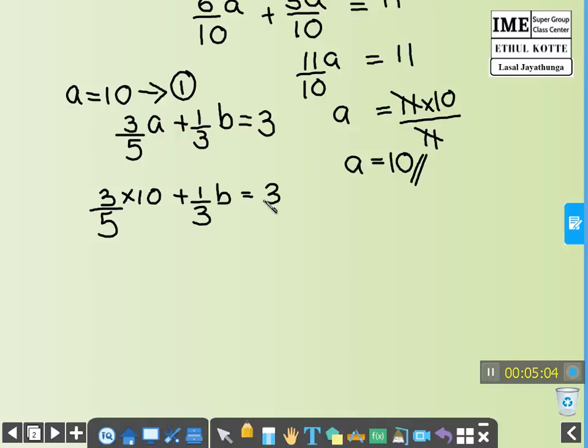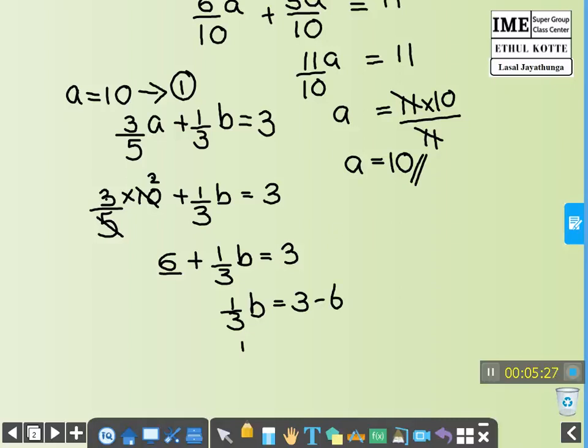Here now we can cut down 5 and 10, so 10 by 5 is 2 times, 3 multiplied by 2, 6 plus 1 upon 3b equals 3. Now send 6 to the other side, 3 minus 6, then 1 upon 3b equals, 3 minus 6 is minus 3.